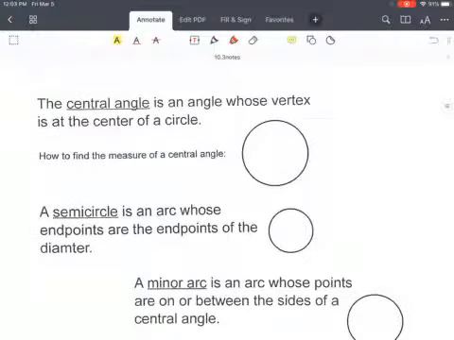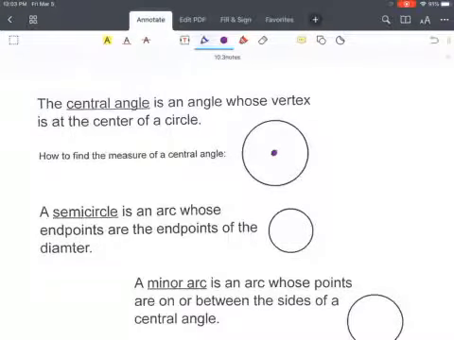First thing is the central angle is an angle whose vertex is at the center of the circle. So the vertex would be at the center, and the two rays that make that up are going to be the radii. And how do you find the measure of that central angle?